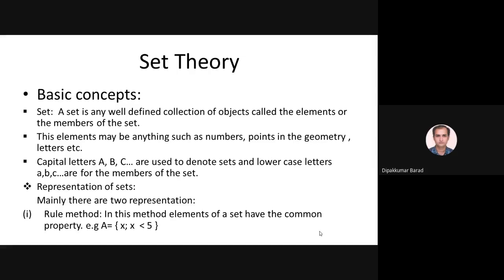Now representations. There are mainly two methods of representation. In the rule method, like A is equal to x such that x is less than 5, we separate it by a semicolon and then write the common property.